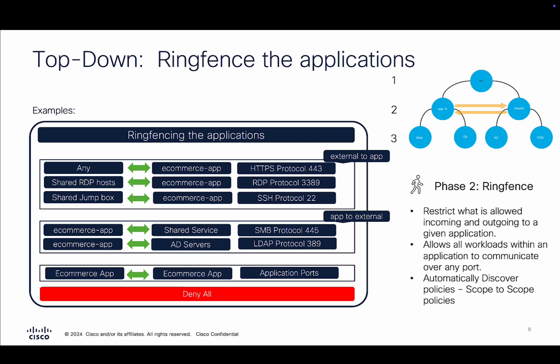This is popularly known as ring fencing the application. So you're simply defining what is allowed to talk to my application, what is my application allowed to talk to in the outside world, and everything within the application, I'm not messing with that. So that's my second phase.